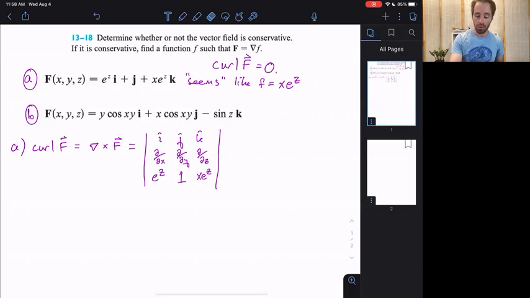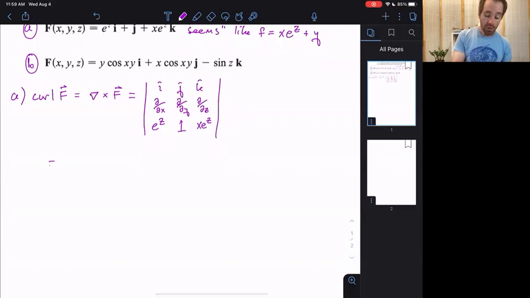Maybe if you include plus y at the end, then the derivative with respect to x will make that drop out. Derivative with respect to z will make it drop out, but derivative with respect to y will cause the constant of x e to the z to turn into 0, but the y will turn into 1. So I think that this is a good candidate. We should expect that this is going to be conservative and that this f will work, but let's watch the process anyway.